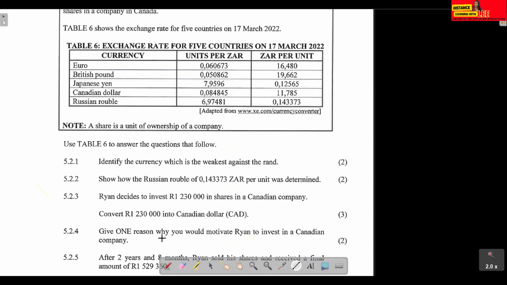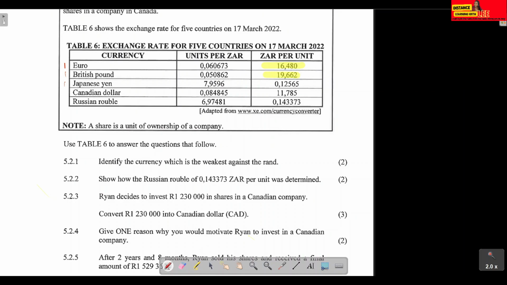Basically, what this means is that for 1 euro, you need to have 16 rand 480 cents. For 1 British pound, you need to have 19 rand and 662 cents. For 1 Japanese yen, how many rands do you need per that unit?